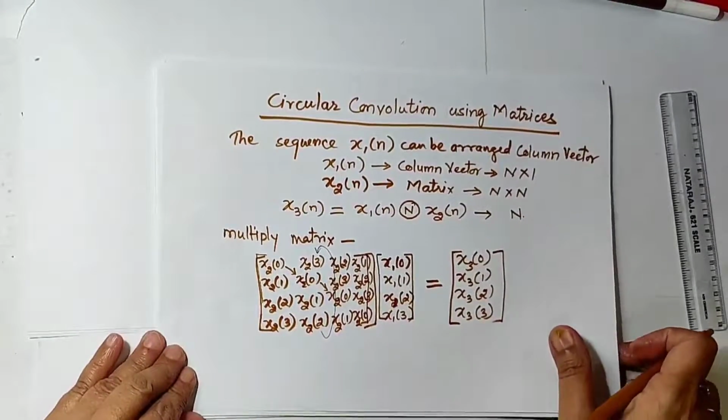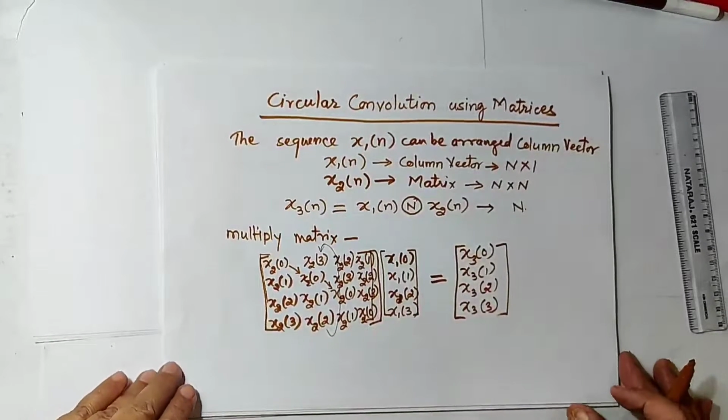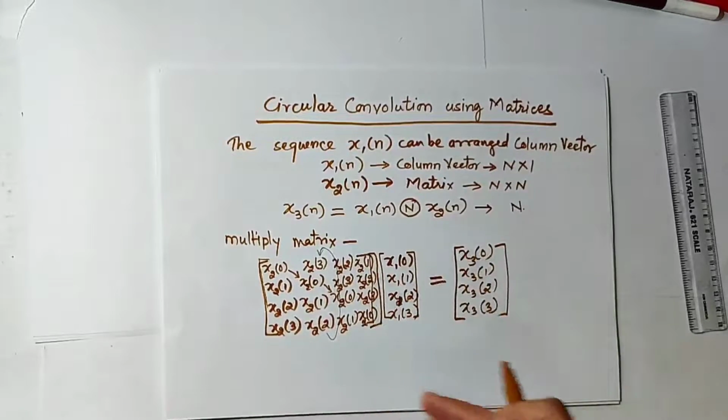We have taken N equal to 4 here, as in the last problem, so I have just given the example of N equal to 4.